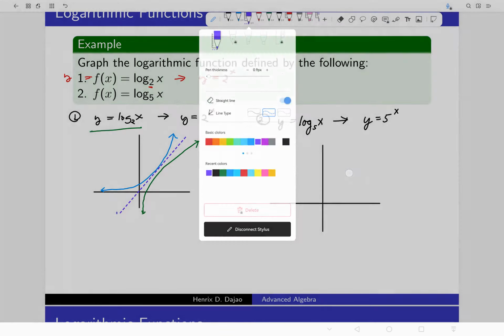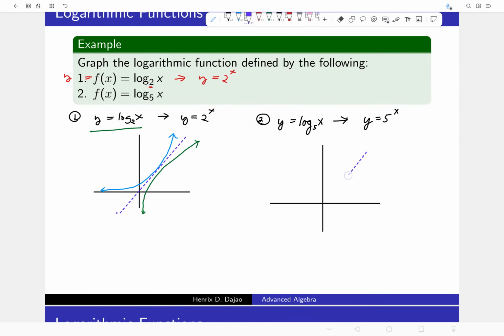We will draw the line y equals x. We will graph this one. So how does it look like?